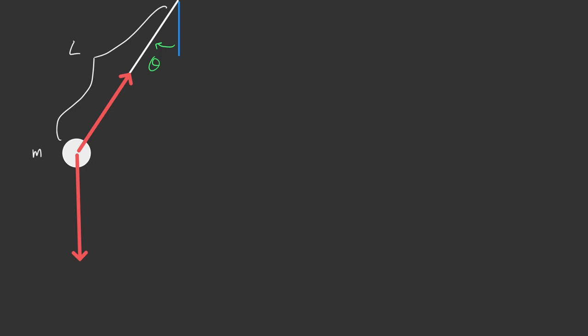Does the tension apply a torque to the pendulum? It does not, based on the angle, because our torque arm is from the pivot point to the center of mass, and it looks like the tension has an angle of 0 between the torque arm and the force. If I recall, torque is R times F times the sine of the angle between them.